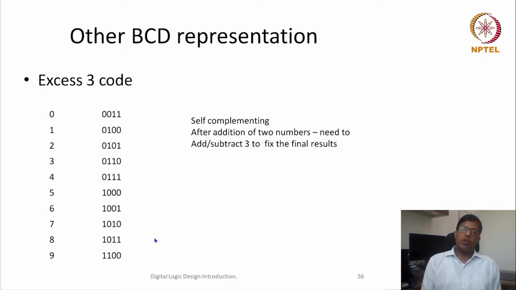This particular property is called the self complementing property, and it is a very useful property whenever we are doing subtraction. You have seen in 2's complement numbers also, they were self complementing. Whenever we were finding the complement of a number, we wanted to have 2 to the power n minus that particular number as the complementing number.